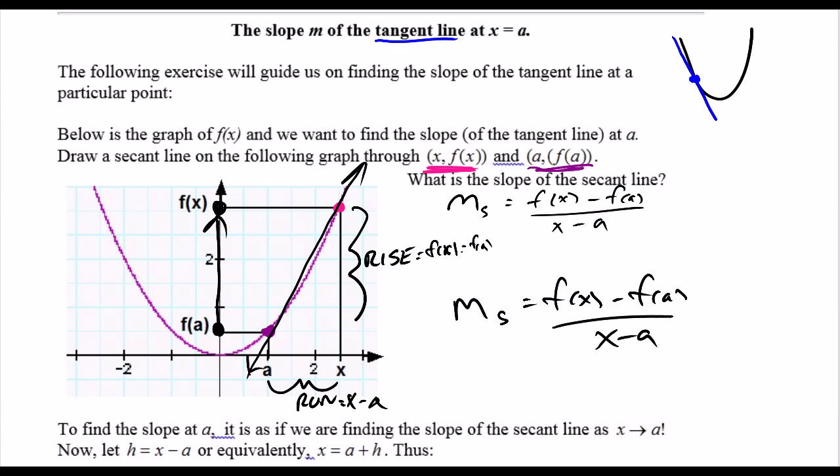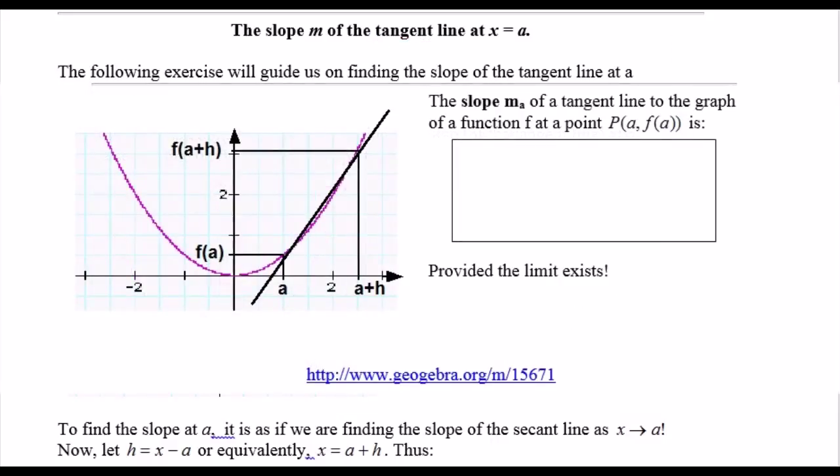All right, so now let's move on to finding the slope of the tangent. Once we have the slope of a secant, we can kind of work with it. We have a starting point. And if we have a starting point, then we can move on. So we have our tangent line.